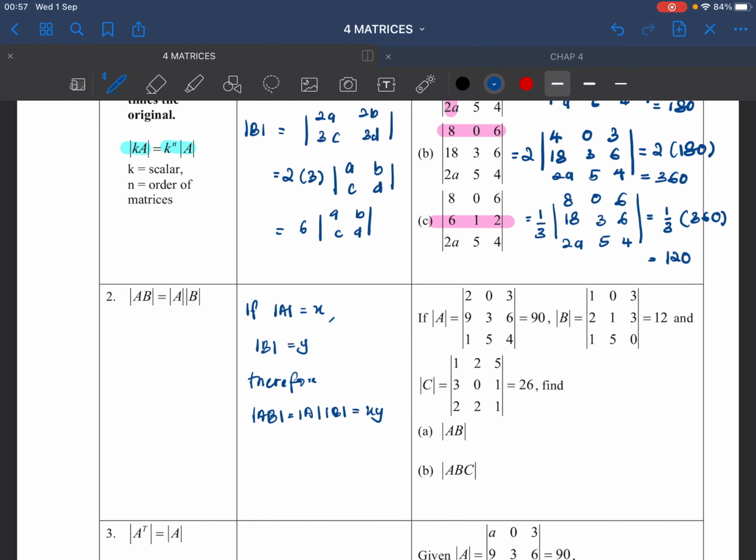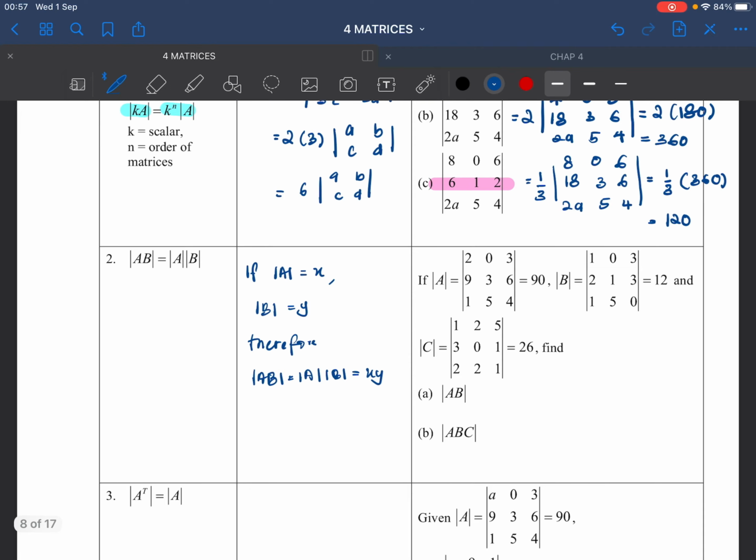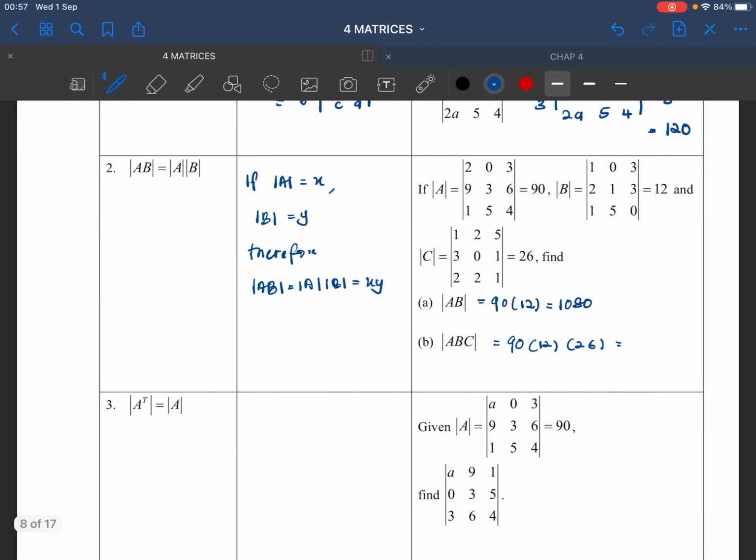We have determinant of A equals 90 and determinant of B equals 12, C equals 26. If you want to find determinant of AB, we can simply multiply 90 times 12, which gives 1080. The same goes for ABC: 90 times 12 times 26, we are going to get 28080. Okay, so that is the second property.